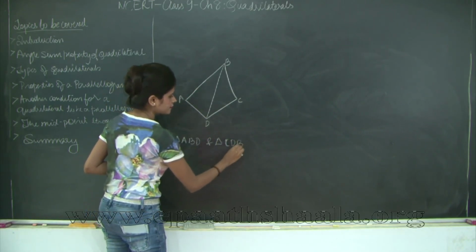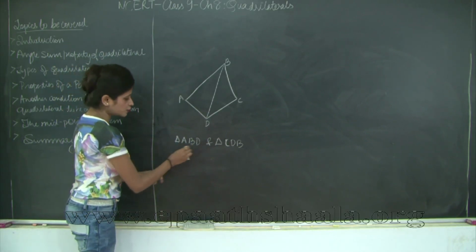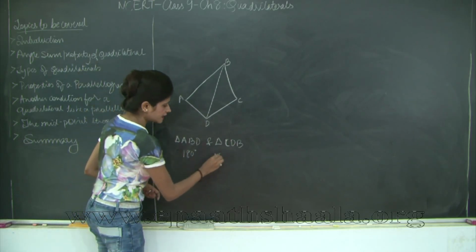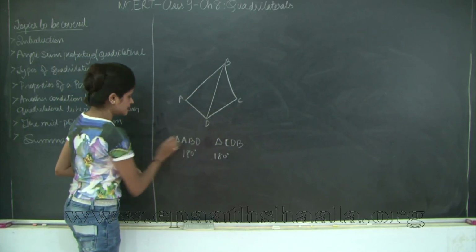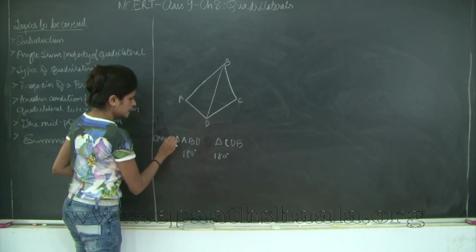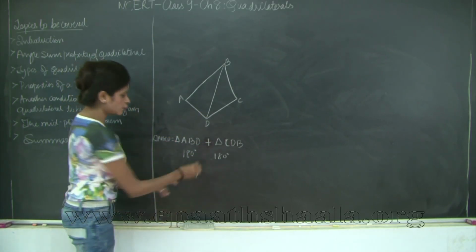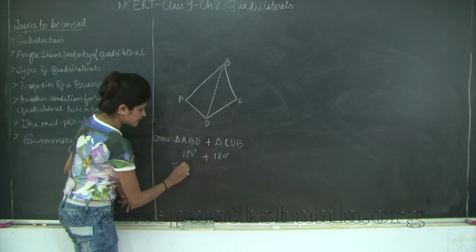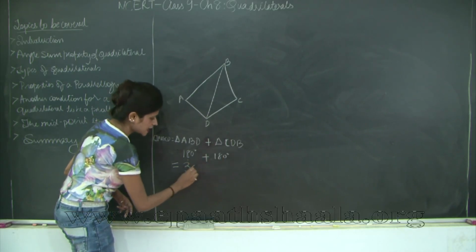Correct? So the sum of angles of this triangle is going to be 180 degrees and this is going to be 180 degrees. Correct? But my quadrilateral ABCD is made up of triangle ABD and triangle CDB. So I am going to add these. Therefore, the sum of angles of a quadrilateral is 180 plus 180 degrees, which is 360 degrees.